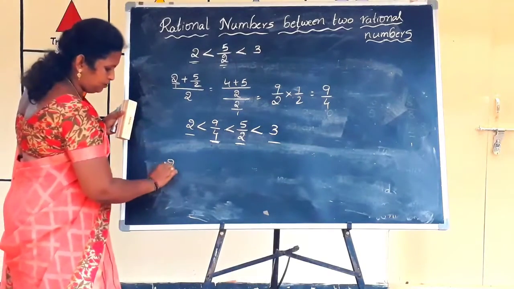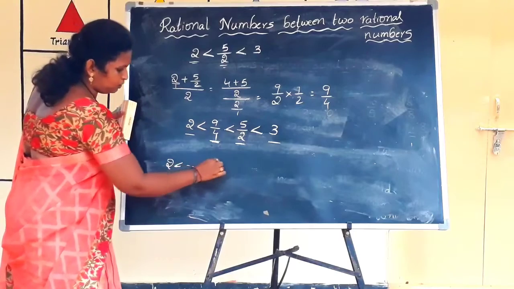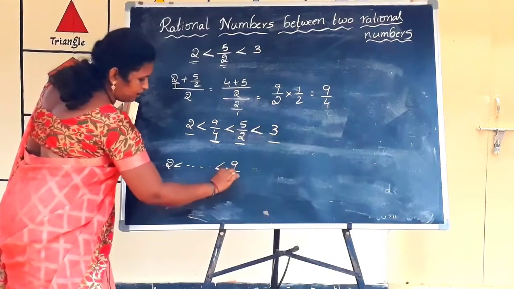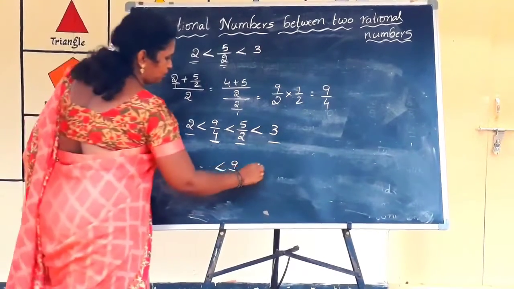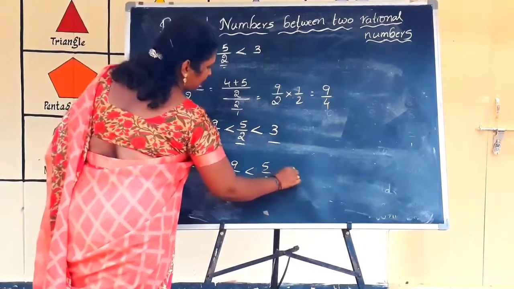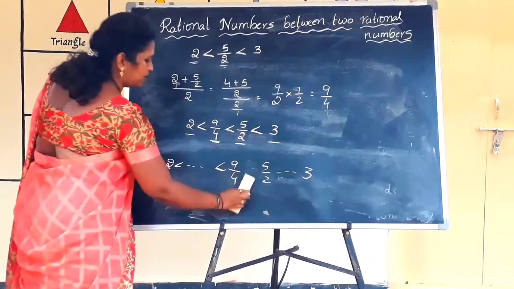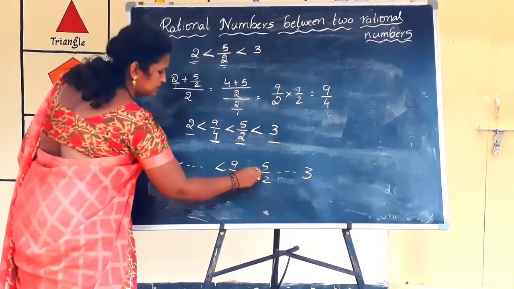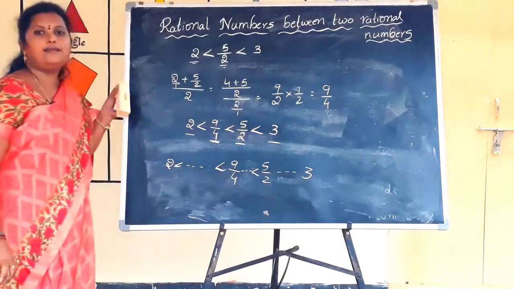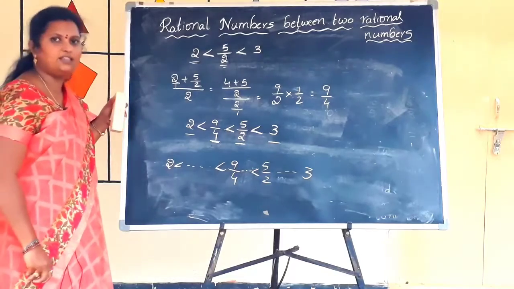That means so many other rational numbers are there in between. So like this, infinite number of rational numbers exist.